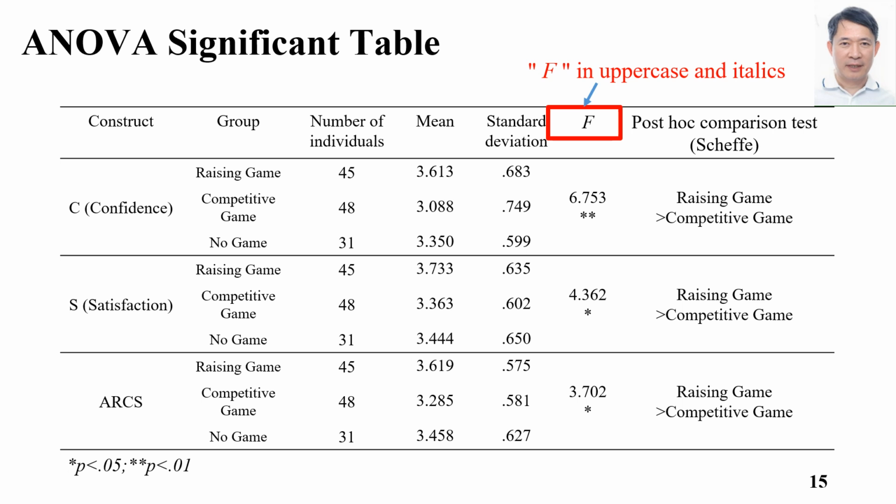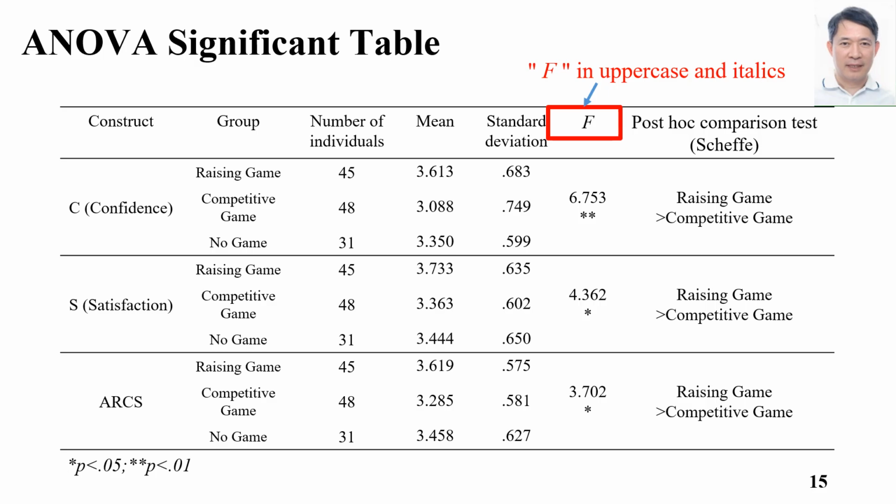Since there is significance, there will be an additional column for post hoc comparison tests. Since we used the Scheffe method for post hoc comparisons, we will denote it in parentheses. We then indicate which groups have significant differences, focusing on the means. For example, the mean of the racing game is greater than the competitive game.